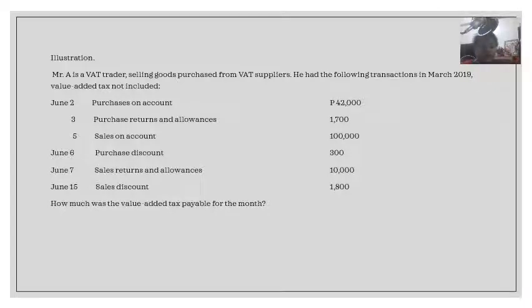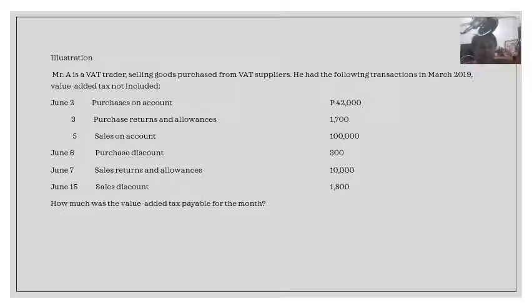So, ang requirement is how much was the value added tax payable for the month. So, since value added tax ang hinahanap, so, gamitin natin yung formula na output tax less input tax. So, yung output tax again is yung VAT on sales. So, hanapin lang natin yung sales. So, mayroon dyan sales on account, 100,000.